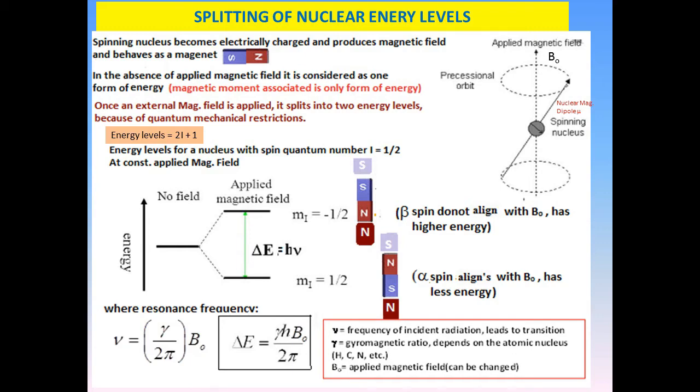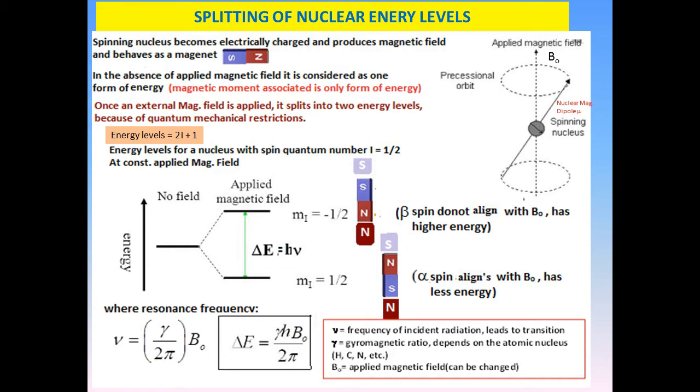In the absence of the field, the energy of the spin states is degenerate, that is, the same. But under the influence of the applied magnetic field, they split into two. The lower energy state has m equal to plus half, and the higher energy state has m equal to minus half.